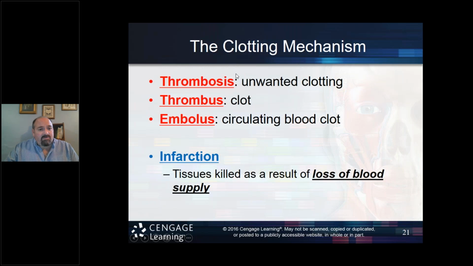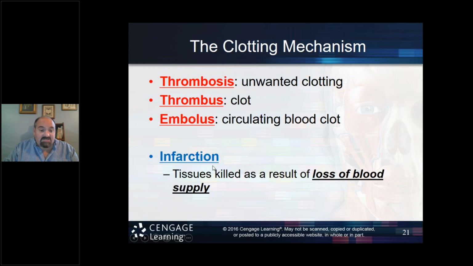Okay, so thrombosis, thrombus, and embolus. So thrombosis is clotting. The thrombus itself is a clot. A circulating clot would be an embolus, right? An embolism is when we have a clot that has moved to a specific location, then ends up totally blocking blood flow, and this can lead to death of tissue distal to the clot.